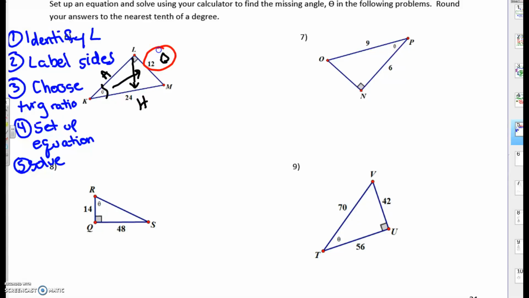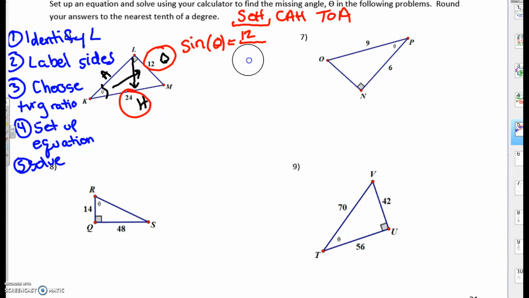Because they've given me the 12 and the 24, that's the O and the H. Well, when I think about SOHCAHTOA, I've got an O and an H, so I'm choosing sine. So I'm going to do sine of theta equals opposite 12 over hypotenuse 24.